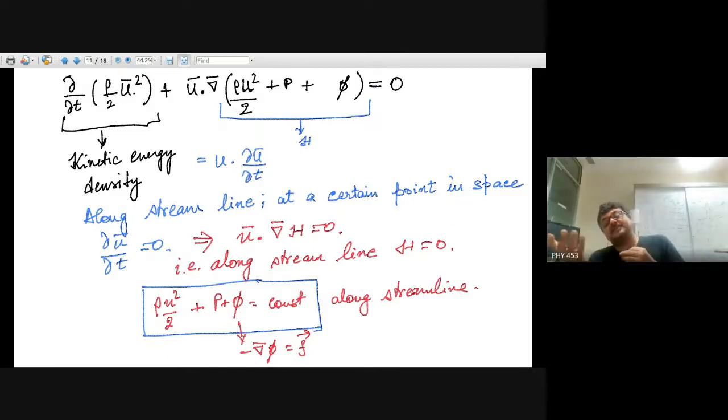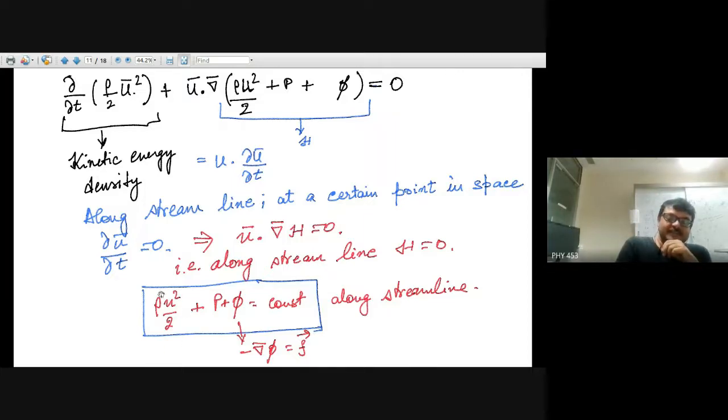What does gradient of a certain quantity be equal to 0 mean? That there is no change along any direction. Sorry, not along any direction, but along a particular direction, along this streamline.